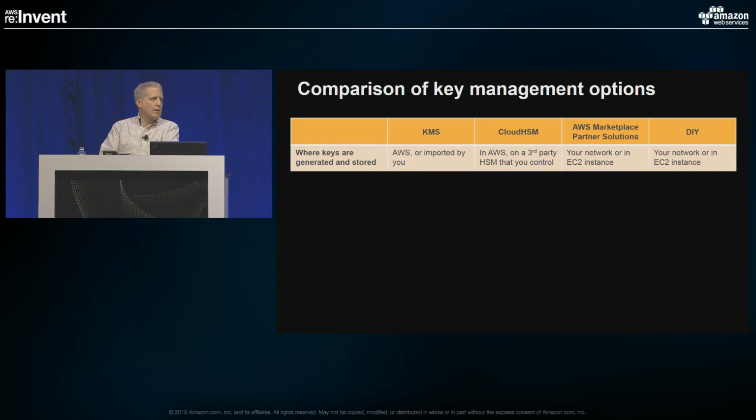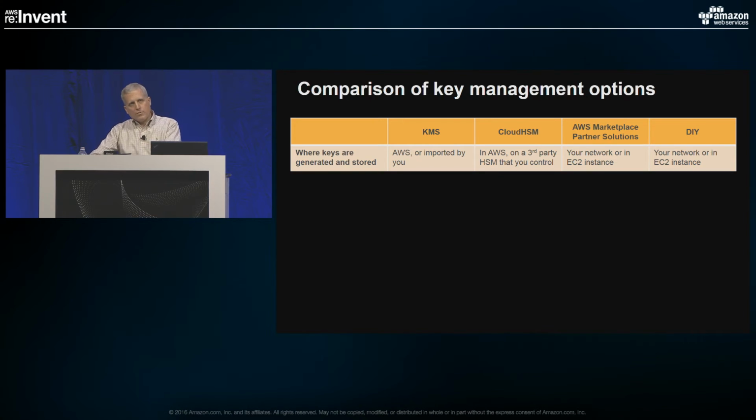If you think about where encryption keys are generated and stored and managed, with KMS we say, we are going to do this for you. We do have a new feature where we let you generate an import, and I'll talk about that later. But we handle all that part. With Cloud HSM, all this generation and storage is actually happening on a dedicated appliance that's designed to be very difficult to break into, so strong physical and logical security.